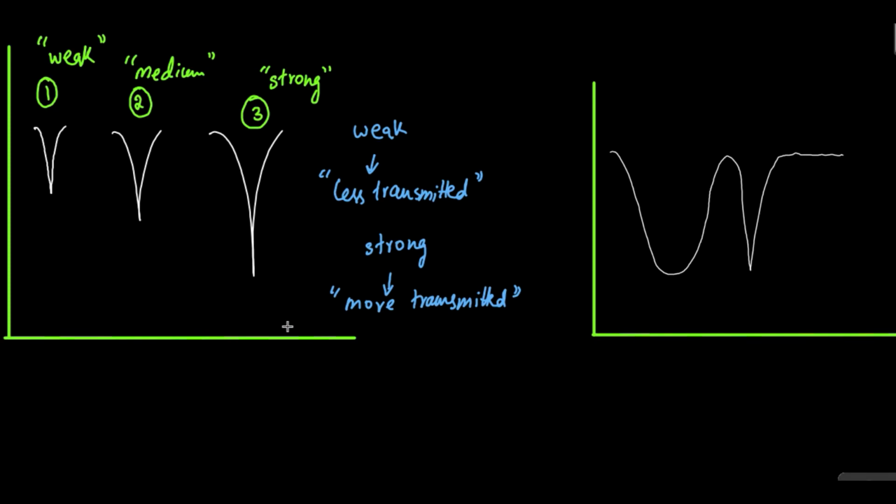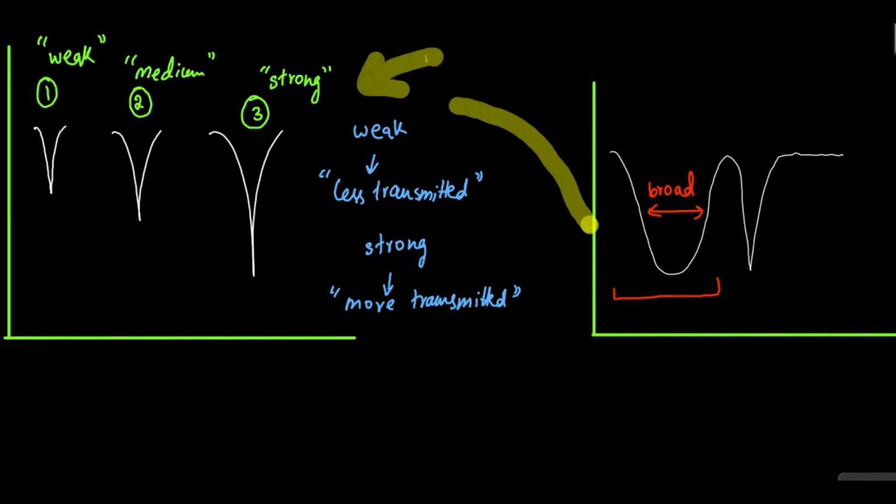Okay. Now, what if we look at the graph on the right hand side? The first part of this graph, this part, is broad, because you can see that visually it is broad, but it is also strong, right? If we look at strong over here, can't we say that this is also strong? We can, right? Because it goes to a very big depth.